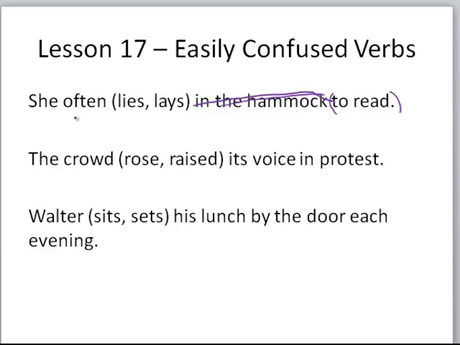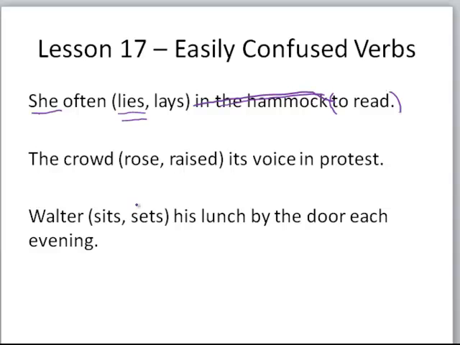What we have left is she often lies or she often lays, and there's our subject right there. Often is an adverb. We have lies or lays. Lies means to rest or to recline, and lay means to place or to put. Well, she is resting or reclining, so that's the one we want.